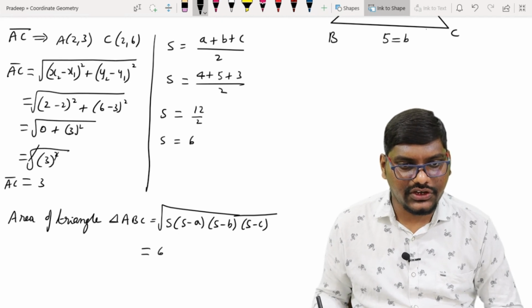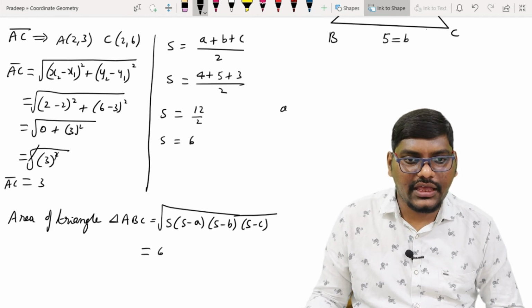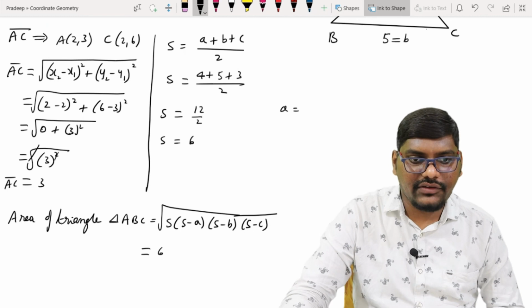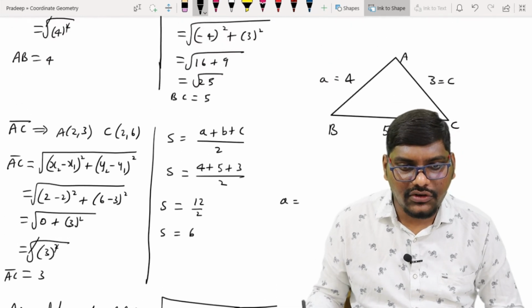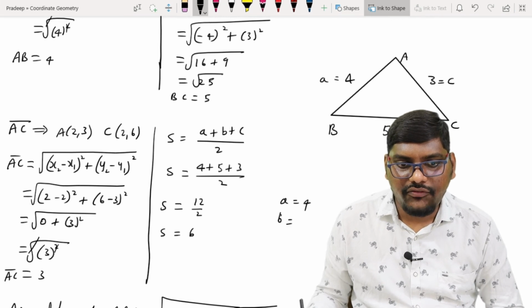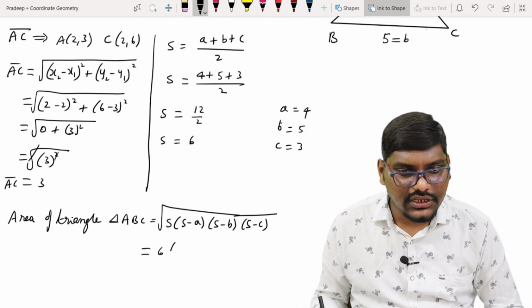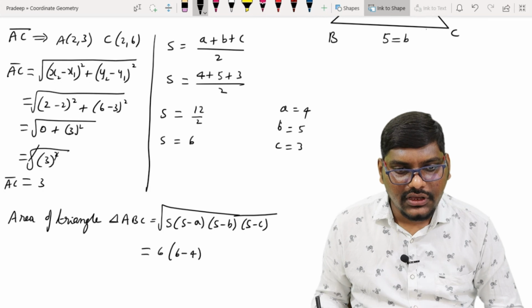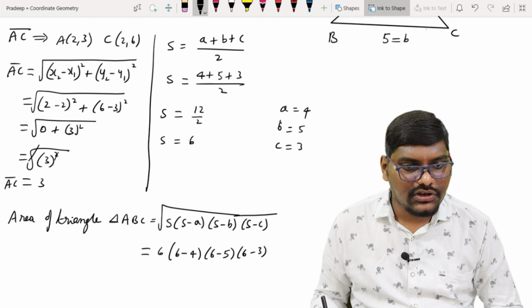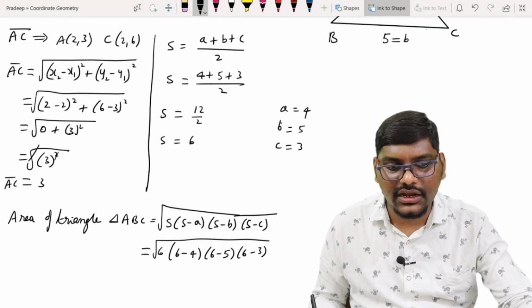So that is 6 into (6 minus 4) into (6 minus 5) into (6 minus 3). Let's substitute these values and find the area of the triangle.